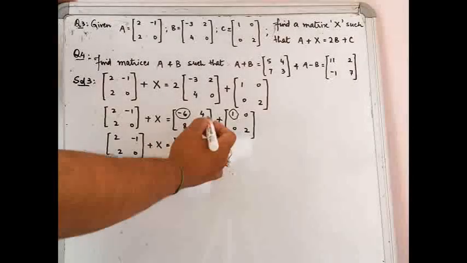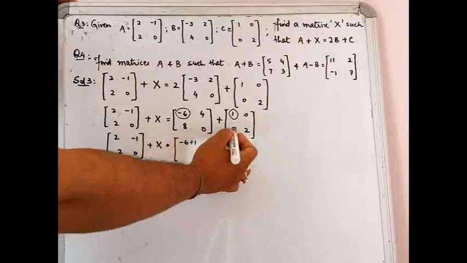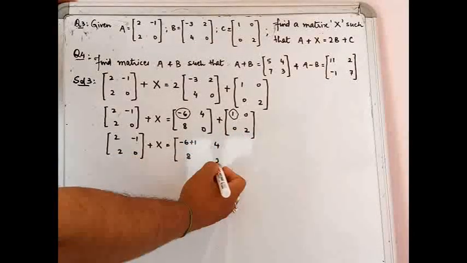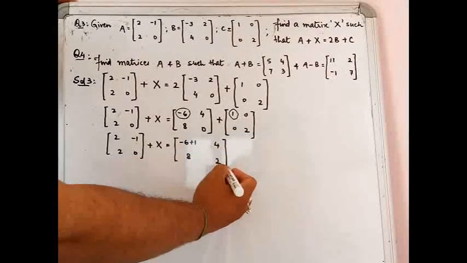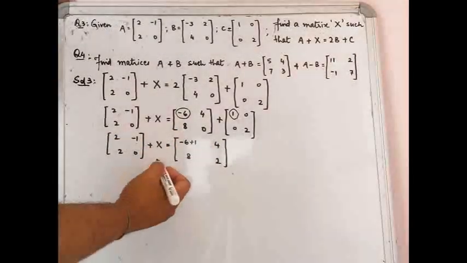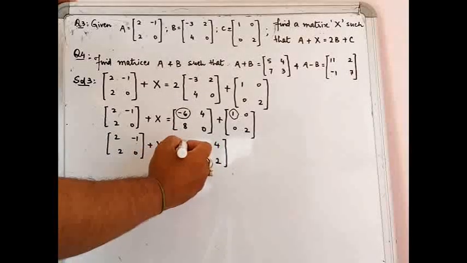Then 4 and 0 giving you 4, then 8 and 0 giving you 8, and 0 plus 2 giving you 2. This is what you will write over here. Minus 6 plus 1 will make it minus 5.